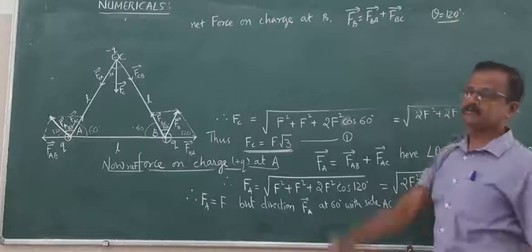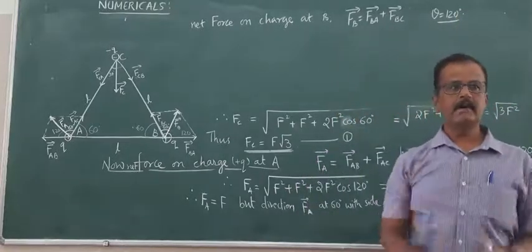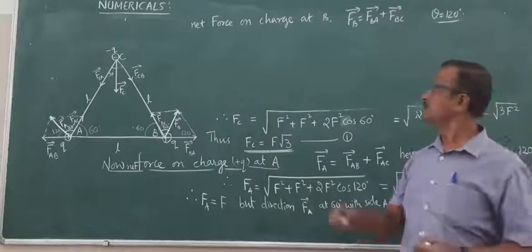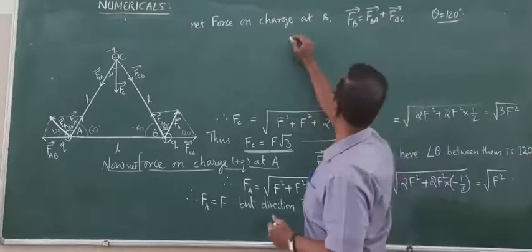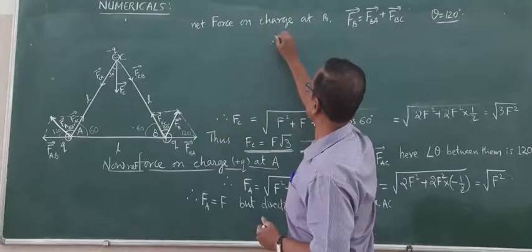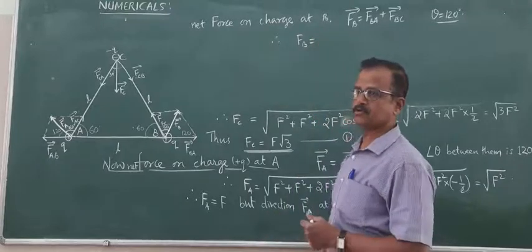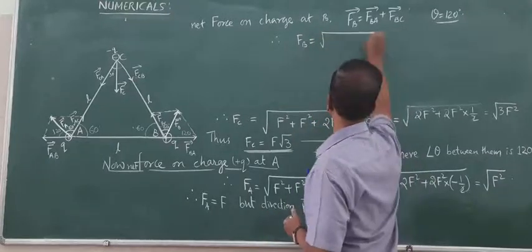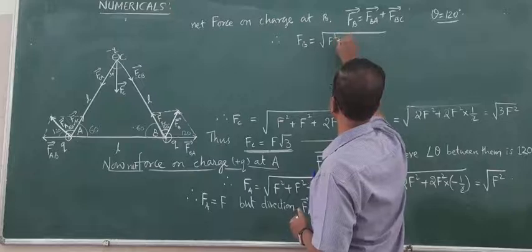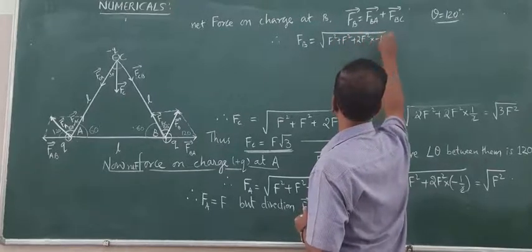So again, cos of 120 is equal to minus 1 by 2, right? So again, by using the cosine law, I can write the magnitude of FB equal to the square root of f square plus f square plus 2f square into minus 1 by 2.